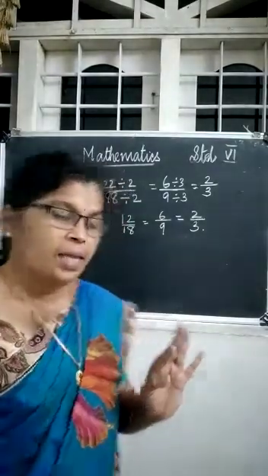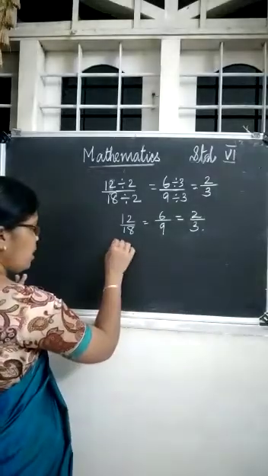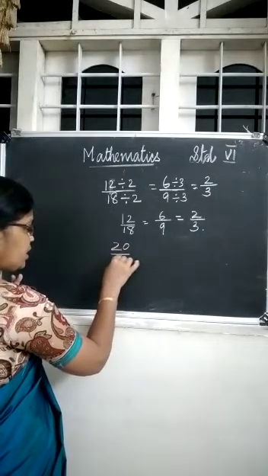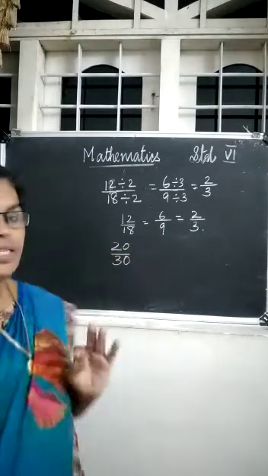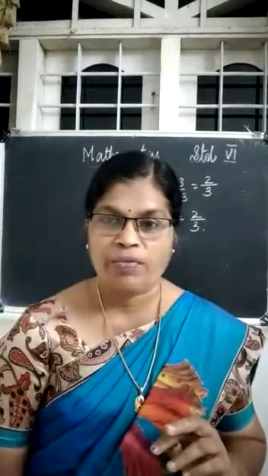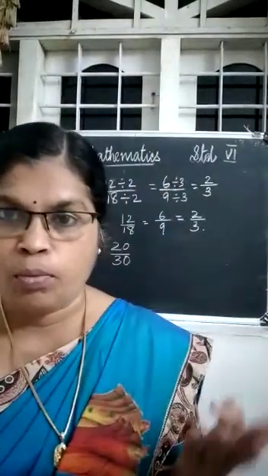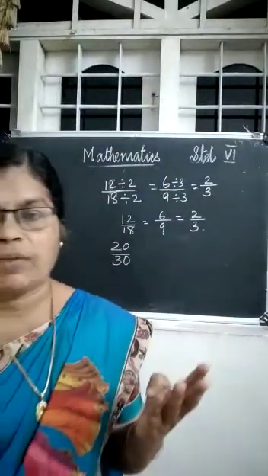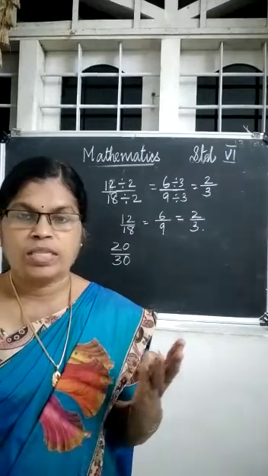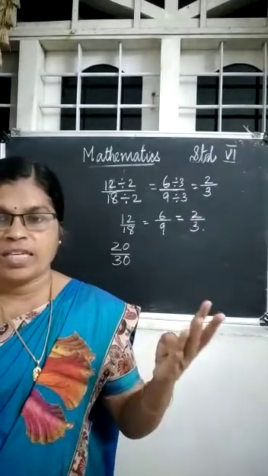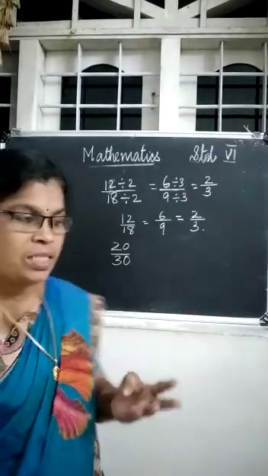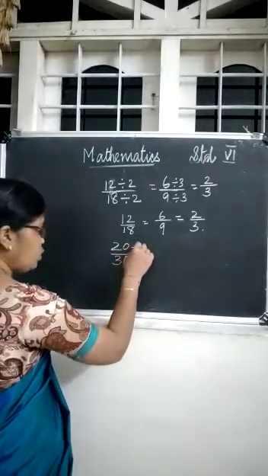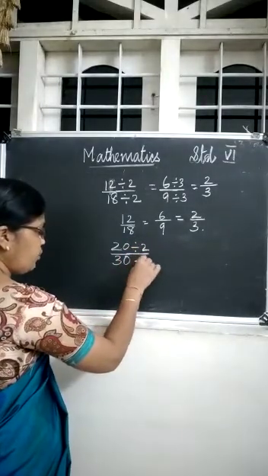Okay, see another example, one more example. Let us see 20 divided by 30. In 20 and 30, which is the common factor? 2 is there, isn't it? Both 20 and 30 we can divide by 2 because 20 and 30 come in the multiplication table of 2, right? That is 20 divided by 2 and 30 divided by 2.